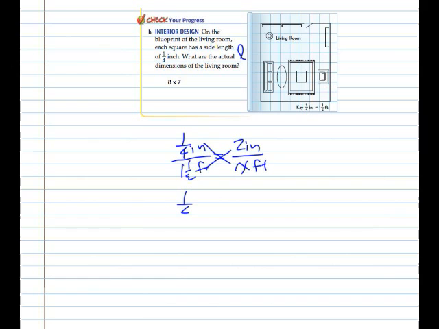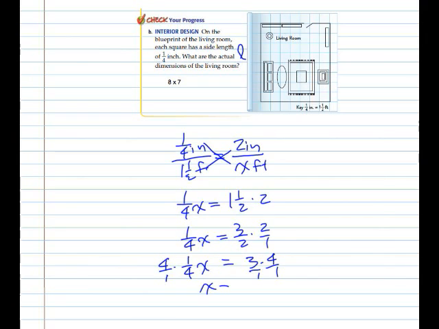Our cross products are 1/4 x equals 1.5 times 2. 1/4 x equals 3/2 times 2/1, or 3. So 1/4 x equals 3. Multiply both sides of the equation by the reciprocal to get rid of the fraction. X equals 12. So the actual length of our room is 12 feet.